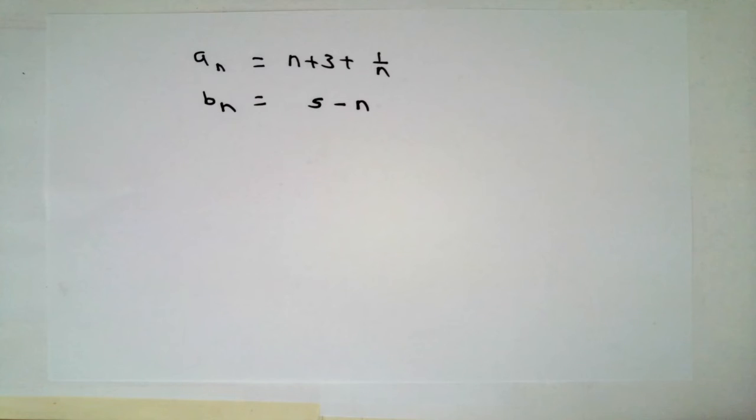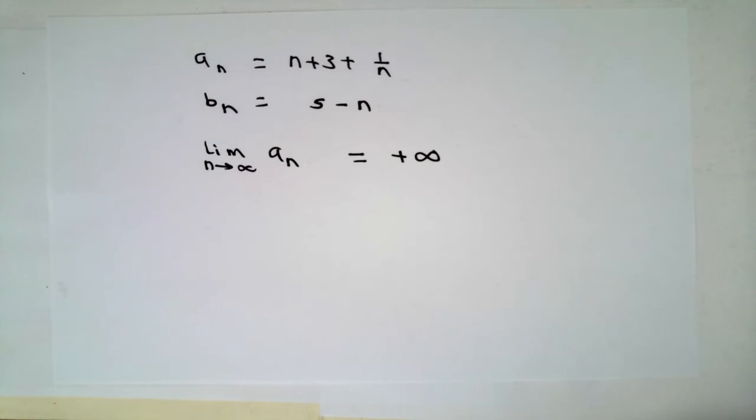So a number n is always going to be at least as big as n is. A number 10 is at least 10. A number 1,000 is at least 1,000. A number 1,000,000 is at least 1,000,000, and so on and so forth. By making the n big enough, I can make a sub n as big as I care to make it.